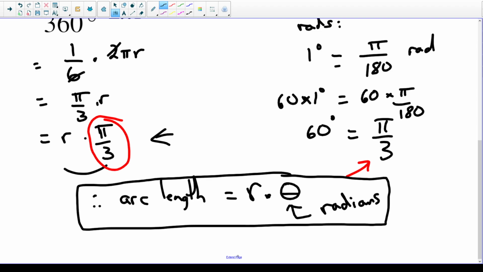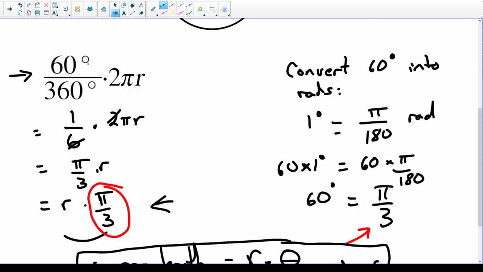And what's beautiful about this is I don't have to worry about that degree centimeter problem that I was talking about earlier. There isn't going to be a mixture of two different units here anymore. Because when I started with degrees, the degrees canceled out because they were dividing each other.